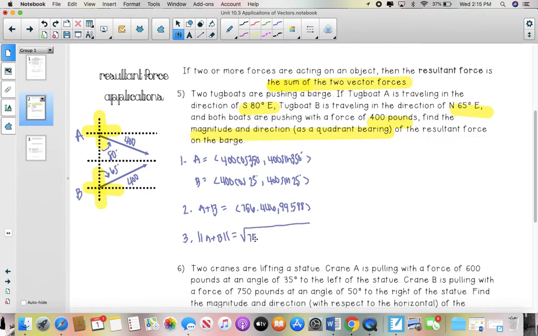Okay, so 756.446 squared plus 99.588 squared. I'm just literally going to type it all on my calculator. So square root of 756.446 squared plus 99.588 squared, and all under that square root, you get 762.973.